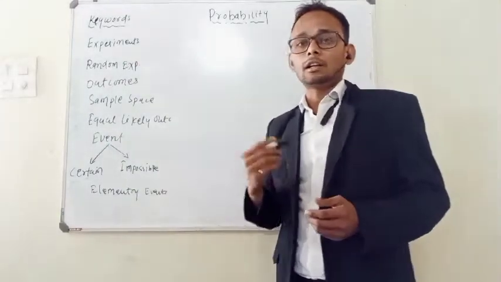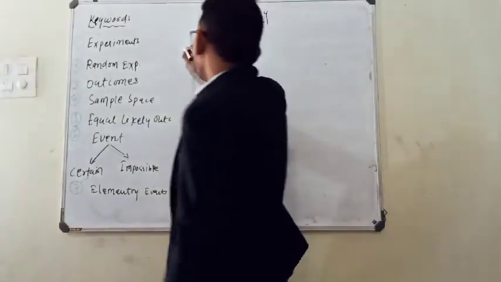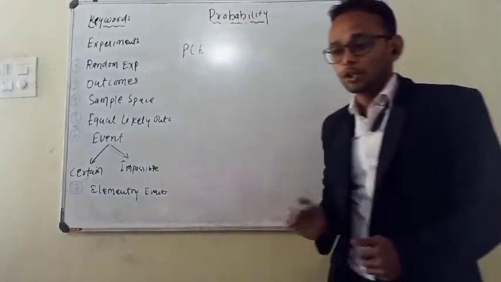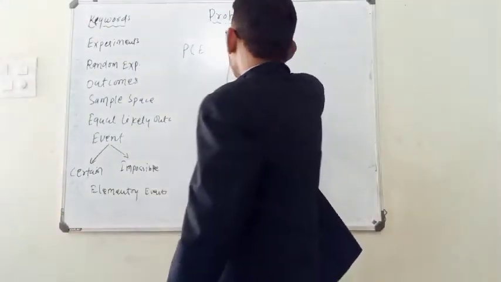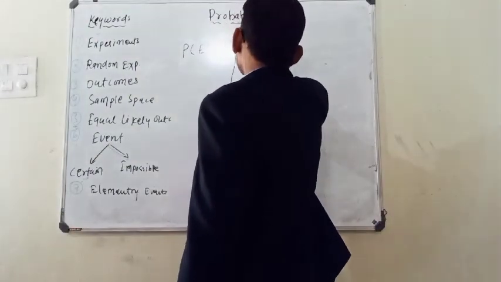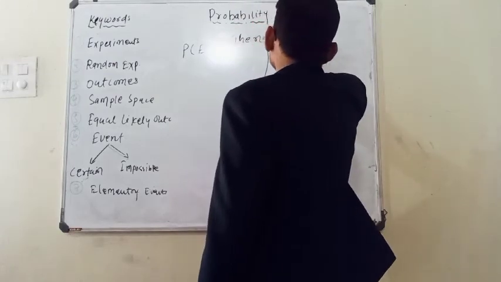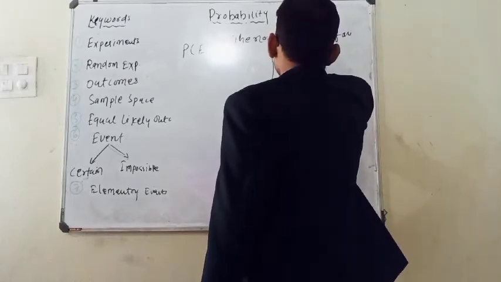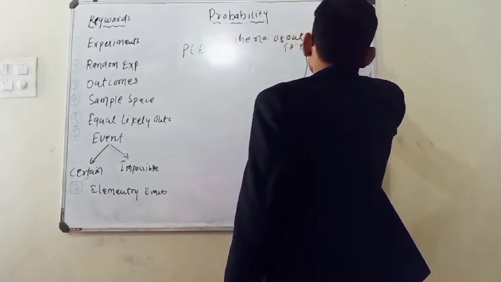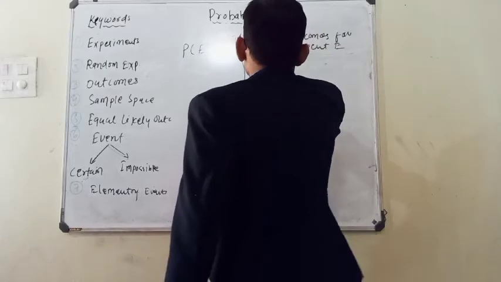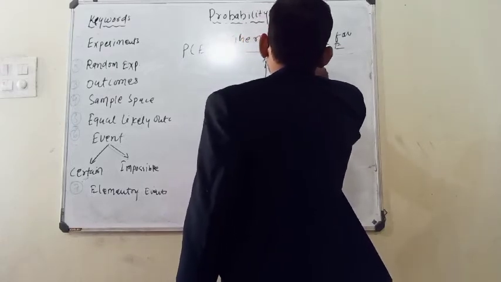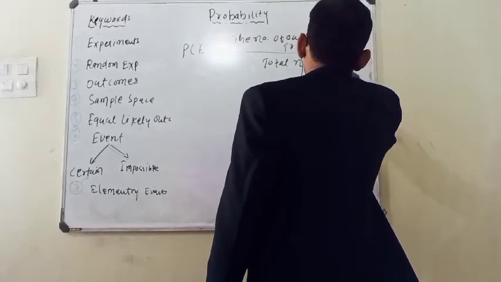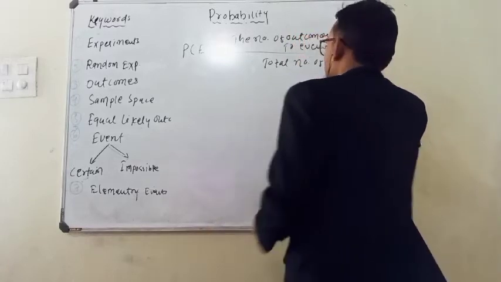So in class 10, the probability of any event E is equal to the number of outcomes favorable to event E, divided by the total number of possible outcomes.